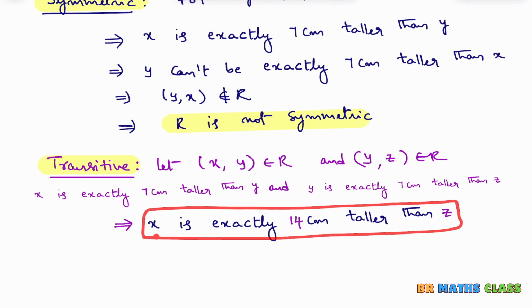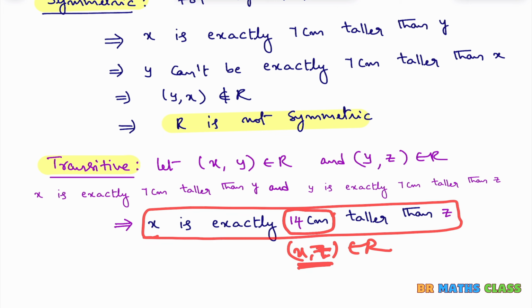That means we need to check whether (x, z) belongs to the relation. Try to understand, they are saying that only if x is exactly 7 centimeters taller than z does that ordered pair belong to the relation. Here x is exactly 14 centimeters taller than z.